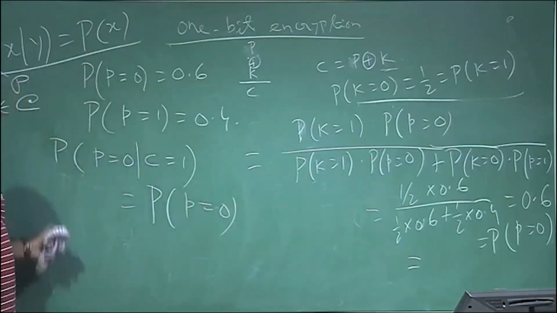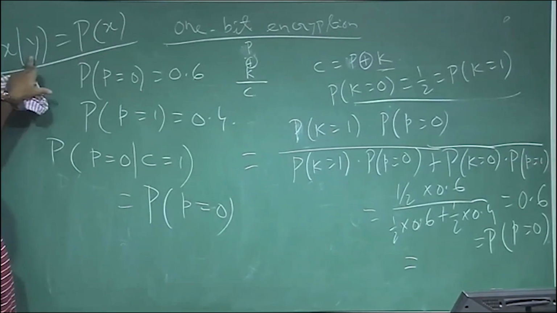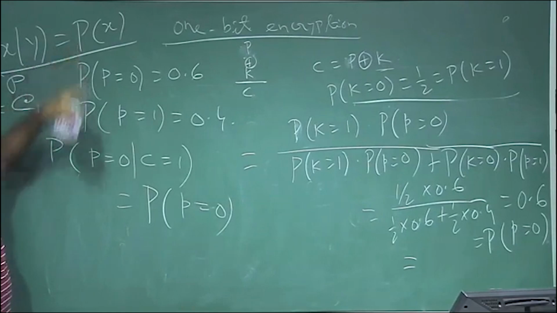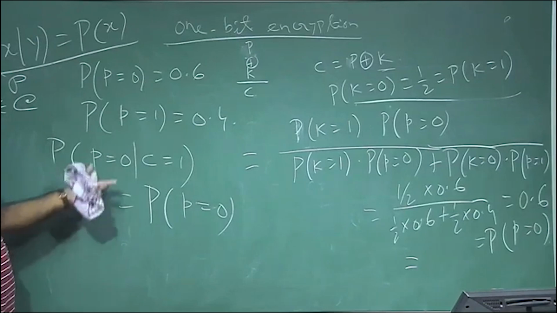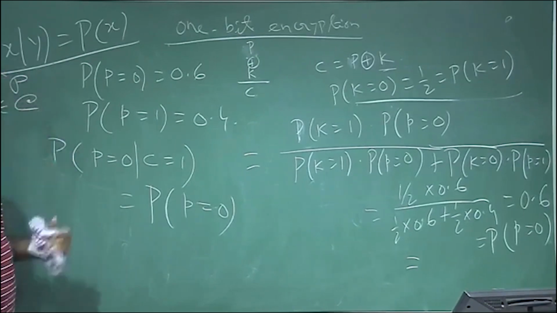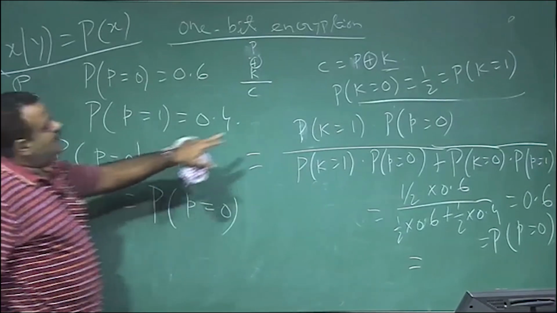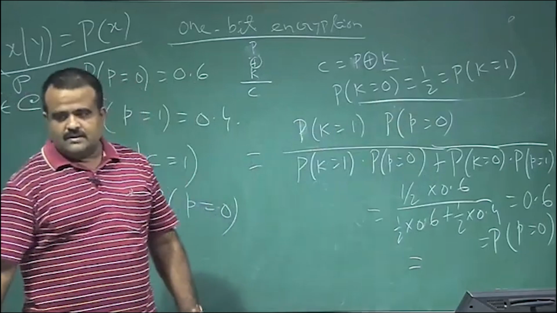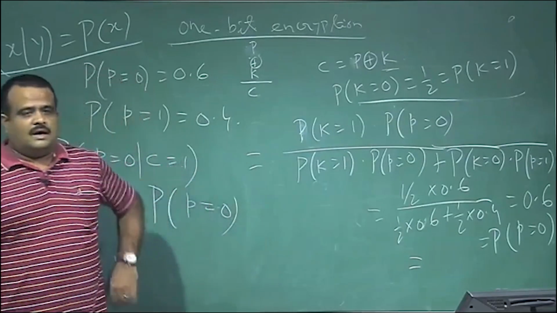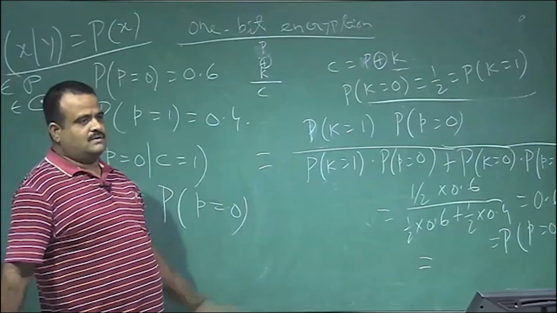Similarly, other probability calculations we need to do, and then we can be convinced that the probability of a plain text given the ciphertext is basically the same as the probability of the plain text. So, we are not getting any information about the plain text by knowing the ciphertext. So, provided our key stream bit is a truly random bit, then this will give us a one time pad, and this is a perfectly secure cipher under the notion of Shannon.